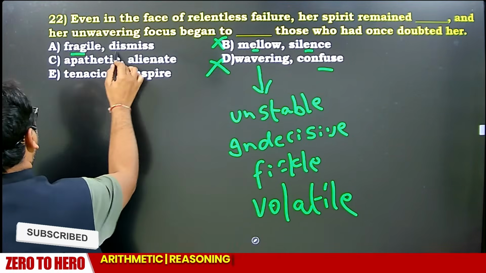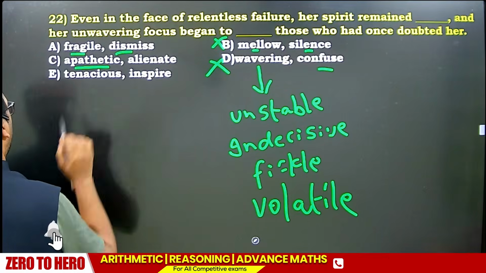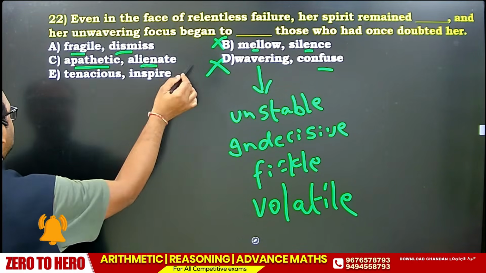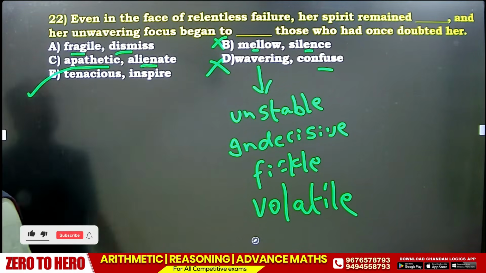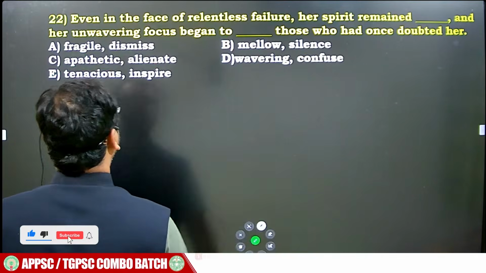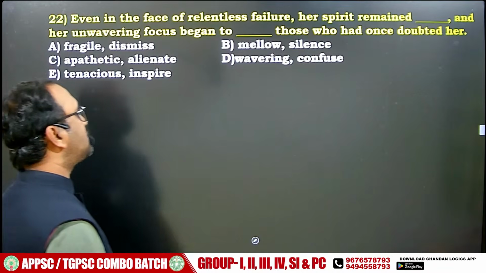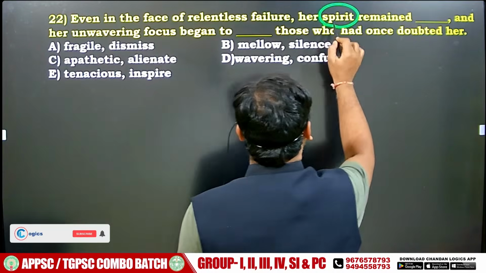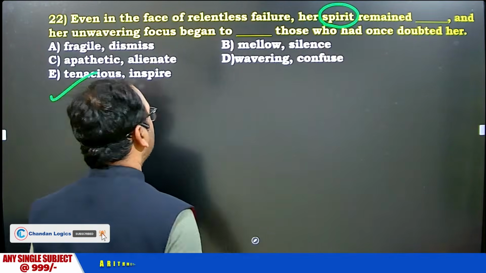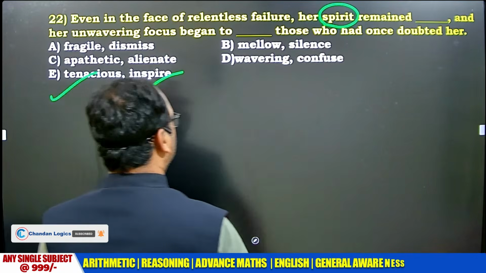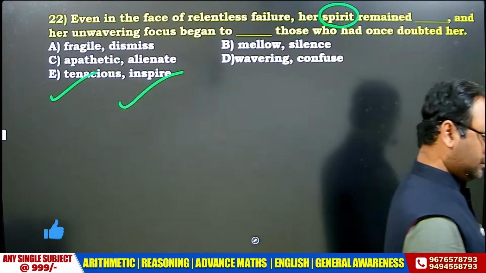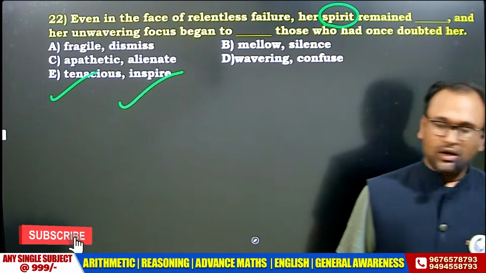Fragile is very weak. Dismiss. Apathy means having no interest. Alienate is separate. But let us read the sentence also once, at least for God's sake. Even during many problems and many failures, her spirit remained tenacious and she began to inspire others. Wow. Okay.